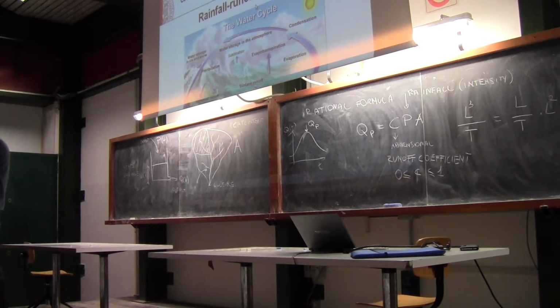And I equate this volume of water per unit time to the river flow. Given that I understand that not all the rainfall is converted into river flow because there is some infiltration, there is some evapotranspiration, then I introduce a coefficient that is between 0 and 1.